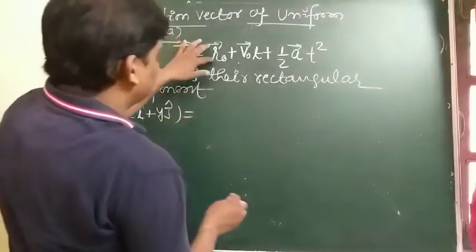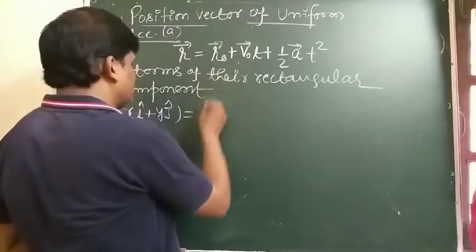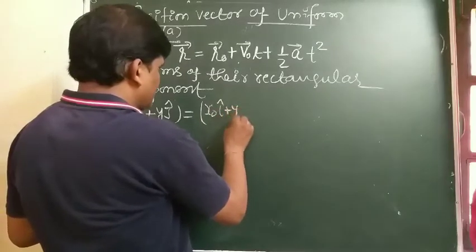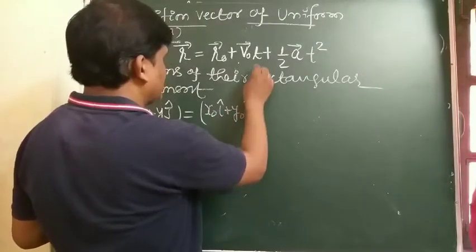Similarly, the position vector at t equal to 0, the position of the object, r0, can be written as x0 i cap plus y0 j cap.